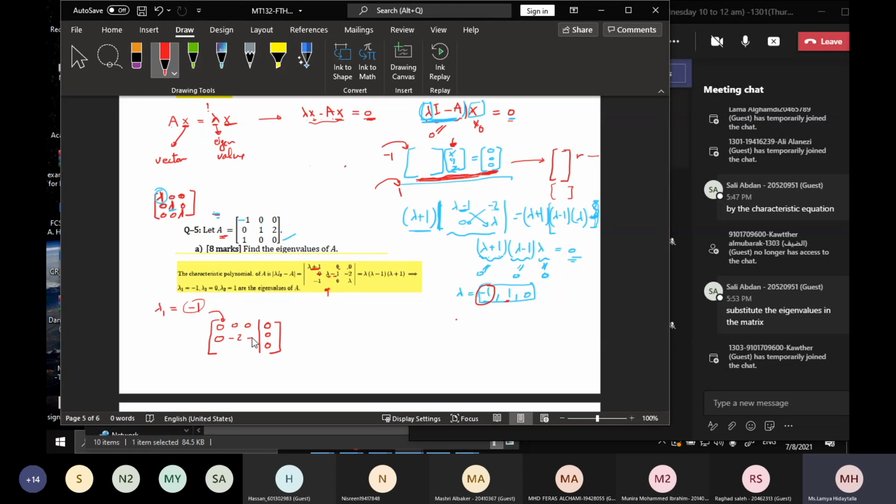And this one here minus 2, and lastly minus 1, 0, and lambda minus 1, so this is minus 1. Now I want to solve this system of linear equations. I put it already in augmented form and I am solving for the x, y, and z to get the vector x, y, z which is the eigenvector corresponding to this eigenvalue. Okay, so how do you proceed, you know how to proceed, correct?